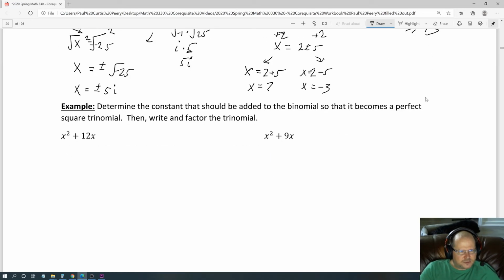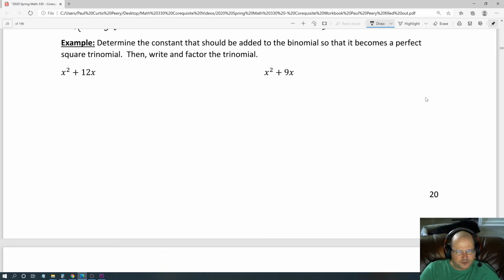Okay, so let's move on to the next one. So we're going to determine the constant that would be added to the binomial so that it becomes a perfect square trinomial. So there is a pattern. Let's do a simple one. Something like that. That's the pattern, right? So what we're trying to figure out is what we add here and what we add here to get it to fit a pattern like that.